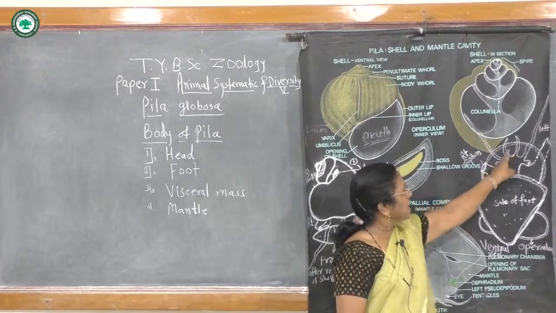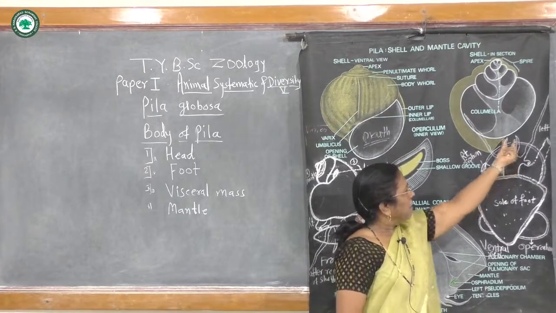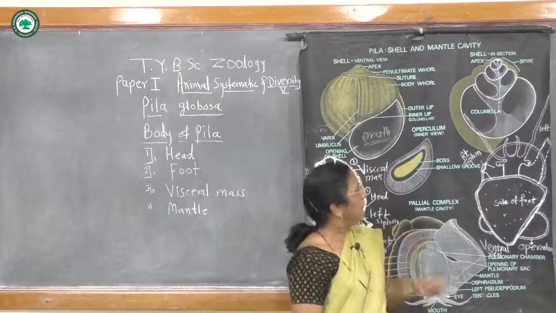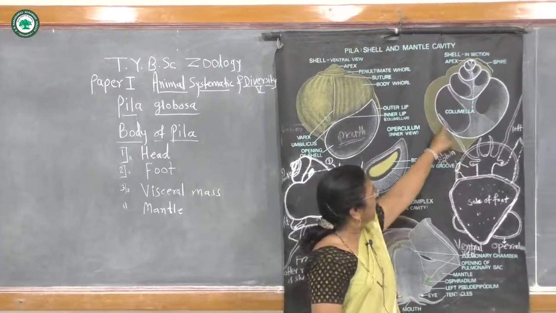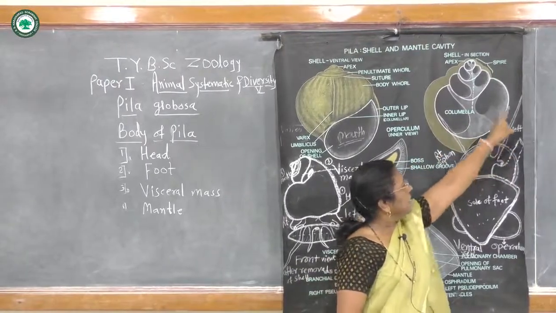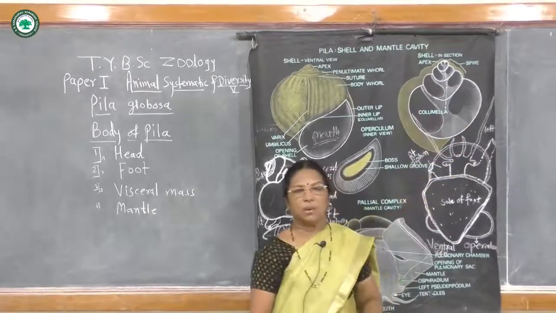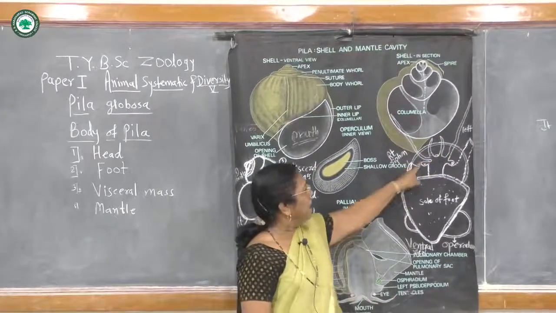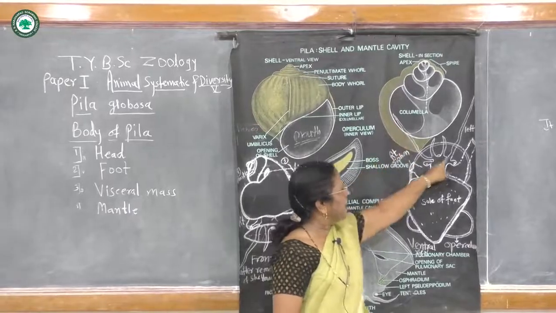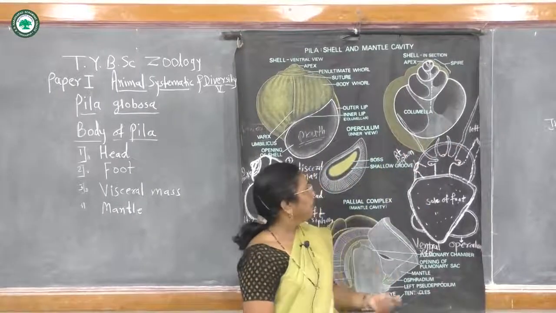Behind these frontally directed labial palps, a second pair of tentacles is present. This second pair of tentacles is larger, contractile, and these are the true tentacles of the animal.